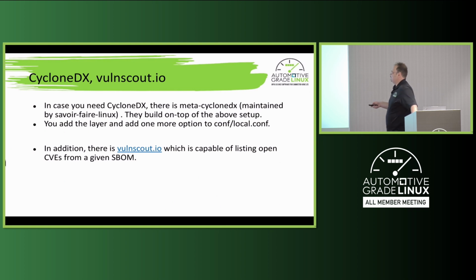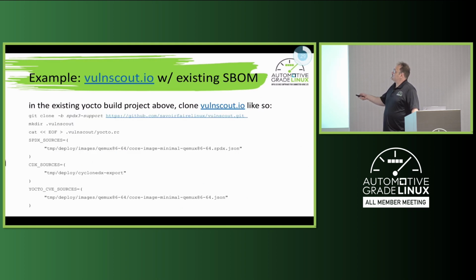And as an example, how the tooling can parse such an SBOM, there's a VulnScout IO tool, which builds on, for example, Grype, which is one of the other tools. So this is a superset which can parse an SBOM.